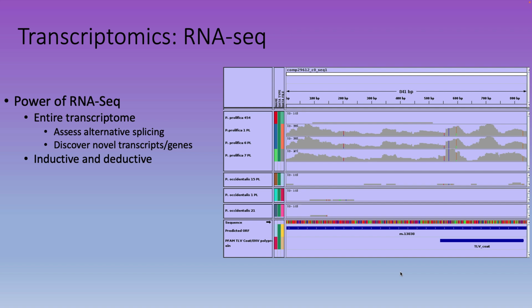An example of how that might turn out is over here on the right. We have some data that I generated for a study where we were looking for gene expression patterns associated with fish that have placentas versus fish that don't. What we found is a whole bunch of expression in this transcript right here, which has something known as a TLV coat protein, an endogenous retroviral coat protein.